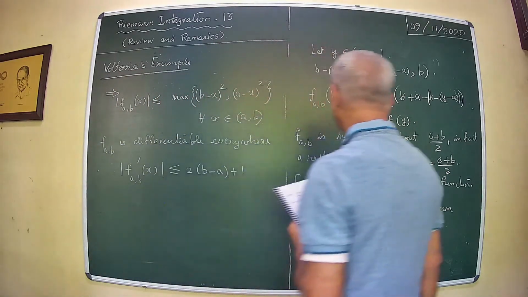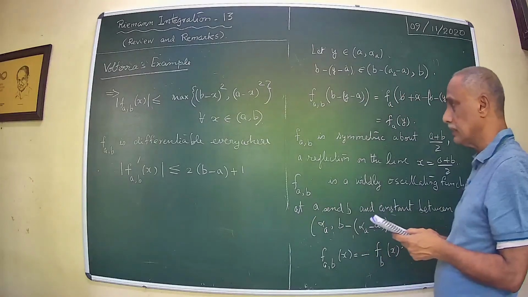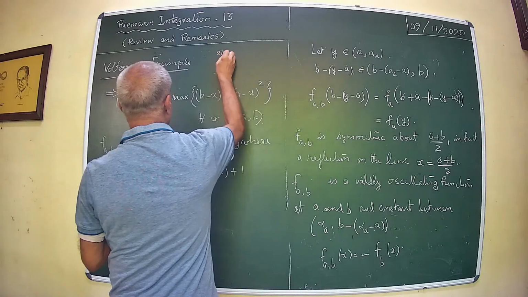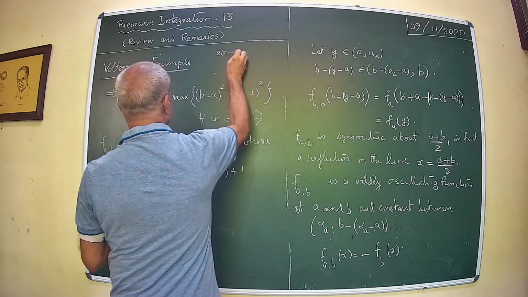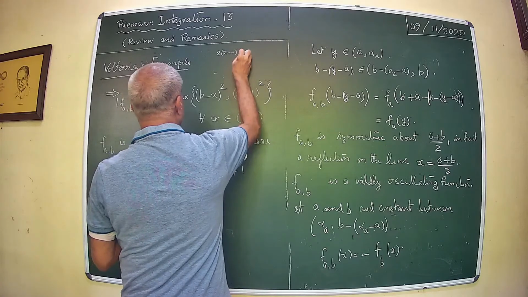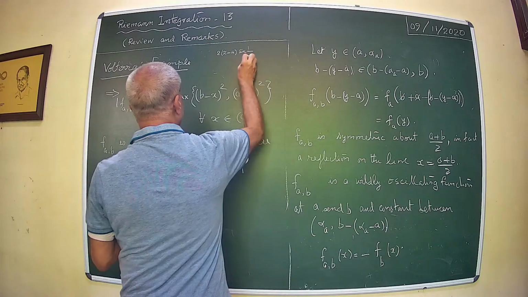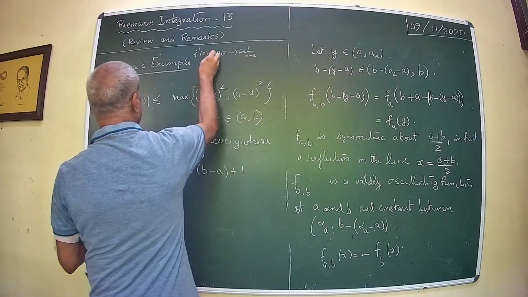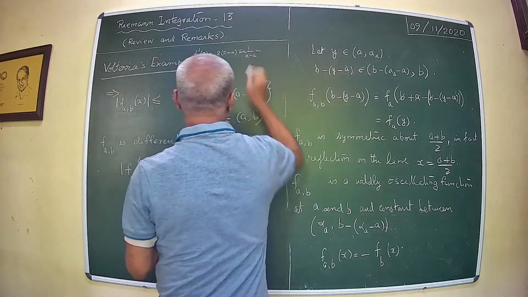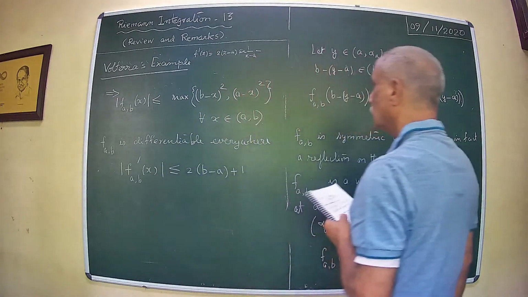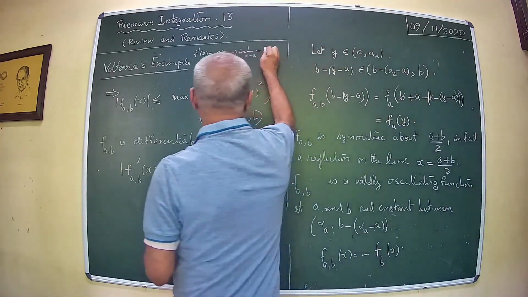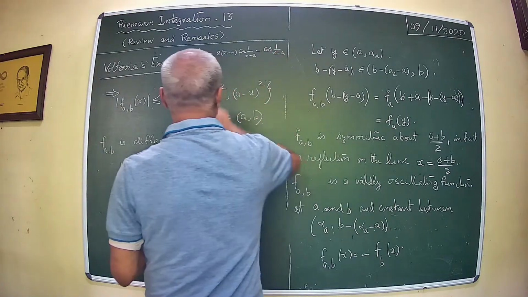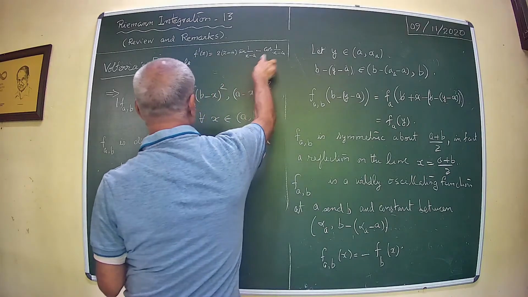So when you differentiate this, you get 2(x minus a) sin(1/(x minus a)) minus cos(1/(x minus a)), and you see that this is bounded by 2 and this is bounded by 1.